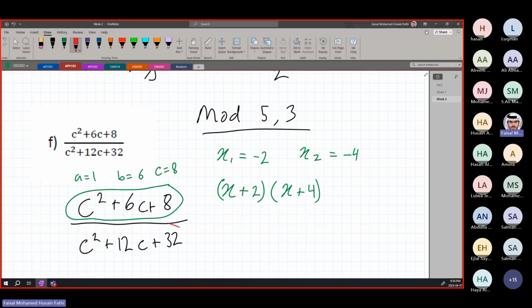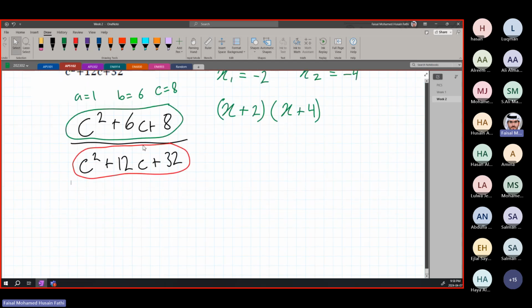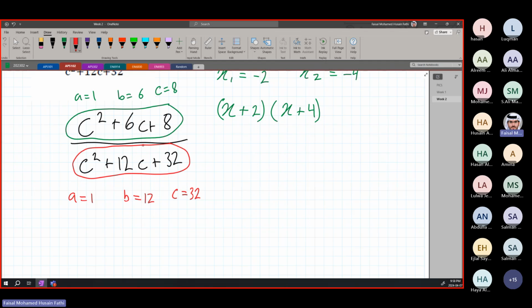And now we're going to do the exact same thing for the bottom part. So mod 5.3, the a is equal to 1, b is equal to 12, and c is equal to 32.